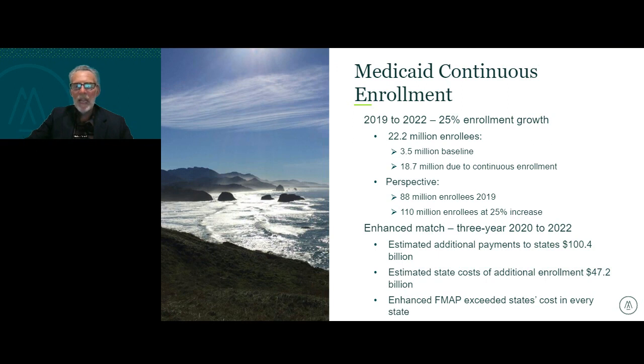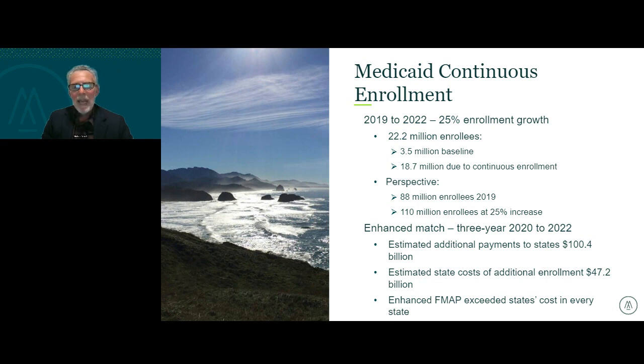what effect this had on the overall rolls, and I'm basing this information primarily off a recent Kaiser Family Foundation study, the pre-pandemic baseline was enrollment of approximately 88 million people in Medicaid, and over the period of 2020 to 2022, that number grew by over 25%, or over 22 million people added to the rolls.